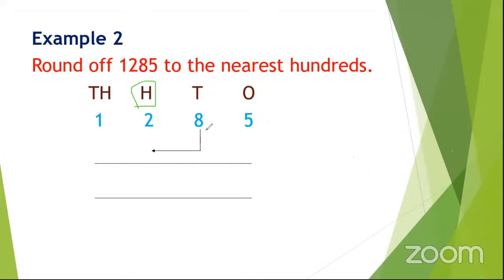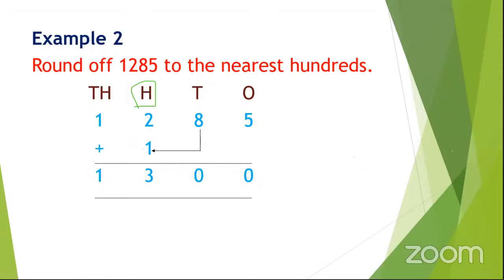And we say that digits from 5 to 9 will always give us a 1. So in this case, we shall have plus 1 here. So 8 will give us a 1 added to the required place value.